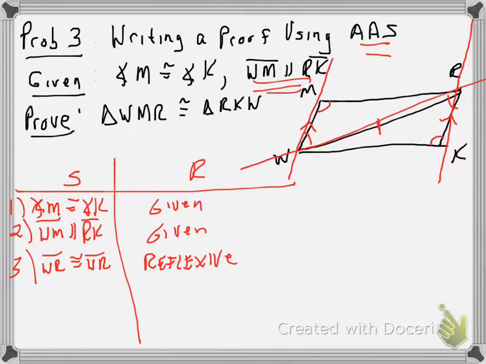So I can say that in 4, angle MWR is congruent to angle KRW. Okay, so we have MWR, which is right here, and we have KRW, which is right here, by alternate interior angles are congruent.